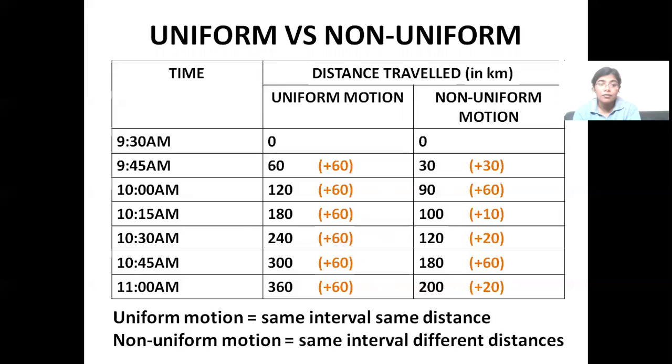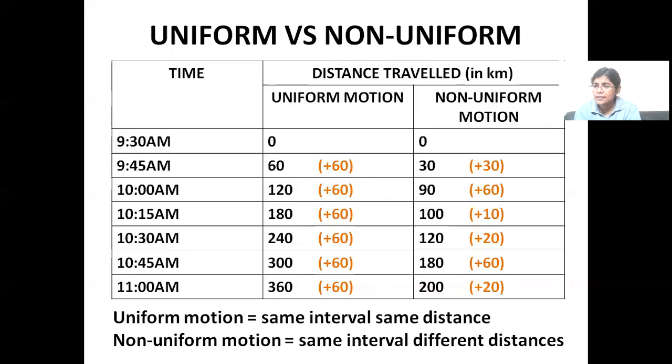At 10:15 a.m. I have covered 180 kilometers. So I'm covering equal distance in equal intervals of time. So I am executing uniform motion because in the same interval I'm traveling the same distance.